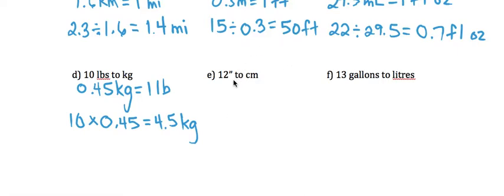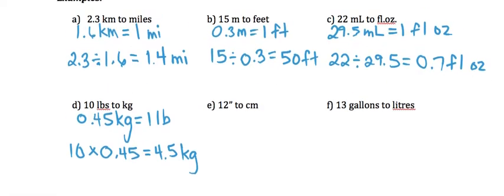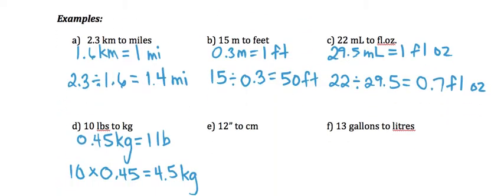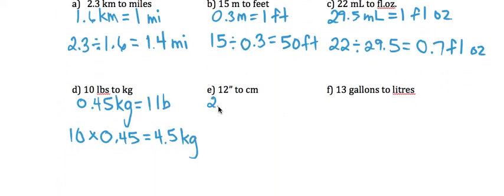The next thing I want to look at is converting from inches to centimeters. So I'm going to go up to my conversion table again. 2.5 centimeters is approximately the same as 1 inch.